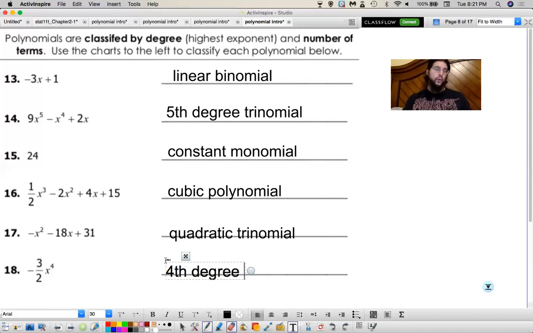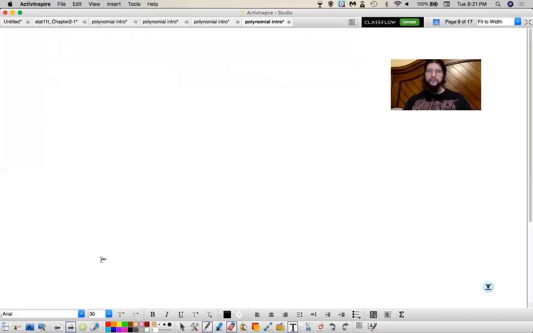How many terms is it? 1, monomial. Notice it's not something minus 3 halves x to the fourth, it's just negative 3 halves x to the fourth. So it's only 1 term there. And I think that's it for this video. See you in the next one with operations.